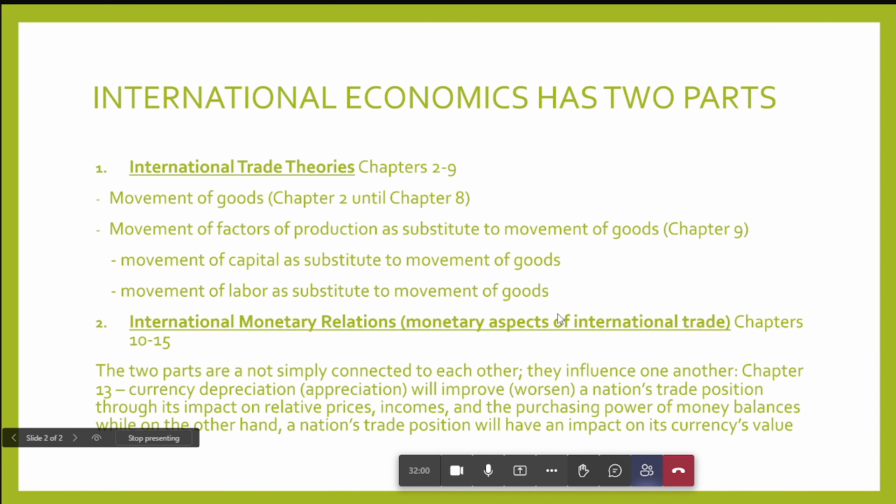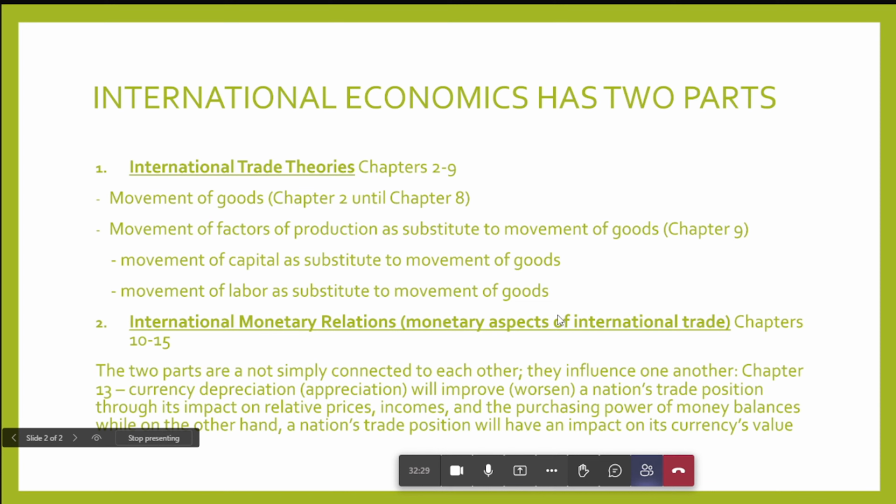In chapter 13 we're going to study how currency depreciation, or on the other hand appreciation, will improve or otherwise worsen a nation's trade position through its impacts on relative price, incomes, and the purchasing power of money balances.